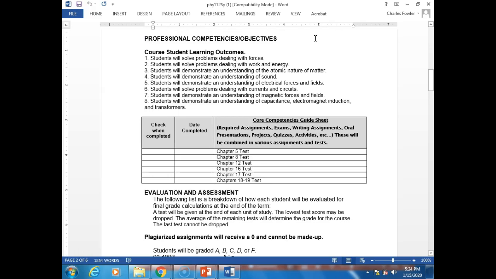Professional competencies and objectives. And again, you can't see these and it's way too much to write on the board. Students will solve problems dealing with forces. Guess what? Chapter 5, students will solve problems dealing with work and energy and power. Chapter 8, students will demonstrate an understanding of the atomic nature of matter. Chapter 12, sound. Chapter 16, electrical forces and fields.